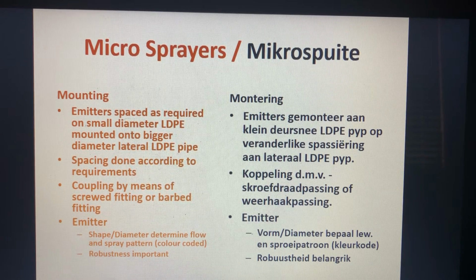And we have 2 kinds of fittings. You either have a screwed fitting or a barbed fitting. So the screwed one is usually one that you turn in, and your barbed fitting, you can just press hard into the lateral line, and you will have your micro sprayer fitted tightly onto that lateral line.